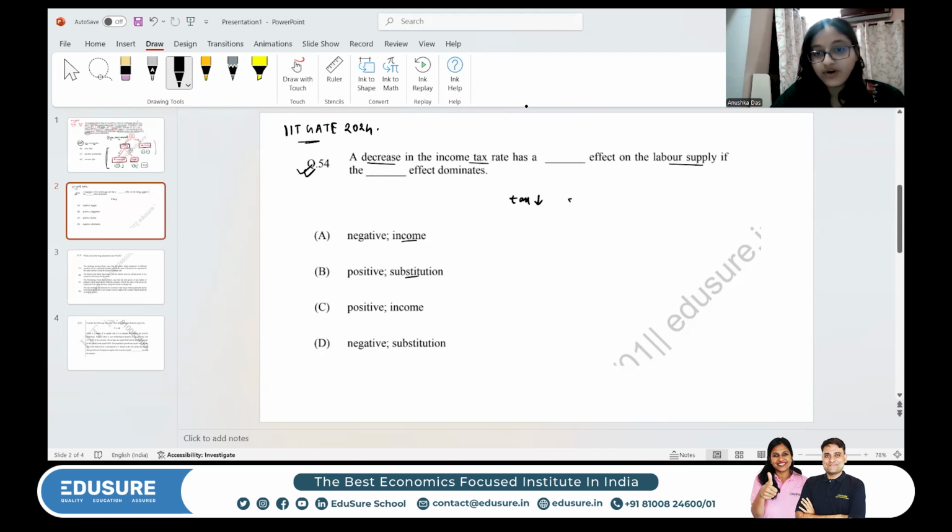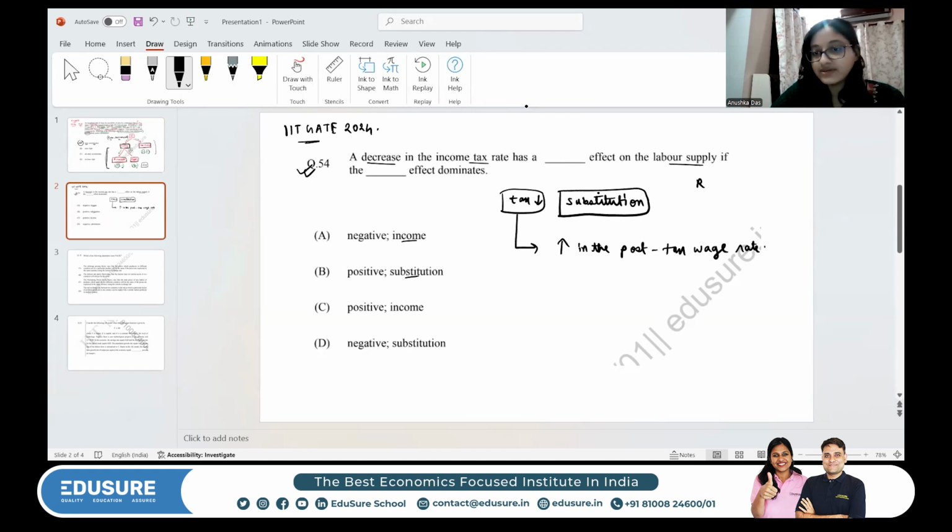Now when this income tax decreases, let us see what will happen under the substitution effect. Under substitution effect, when the tax decreases, it will lead to an increase in the post-tax wage rate, right?